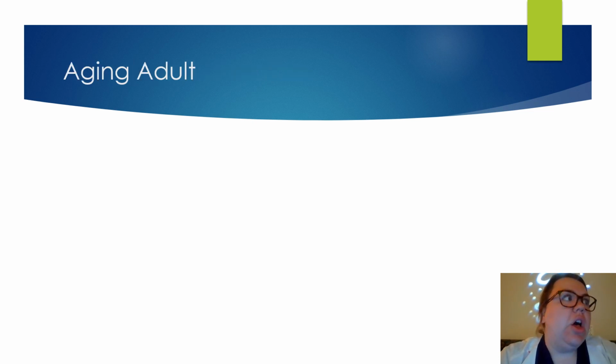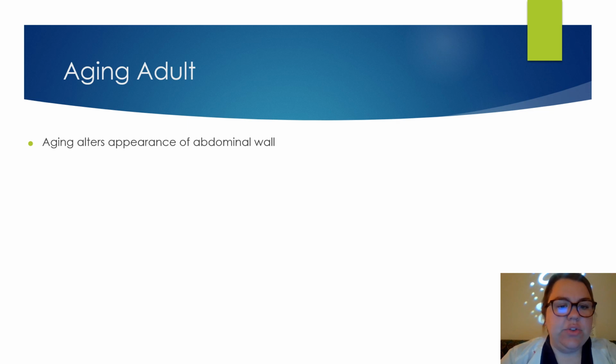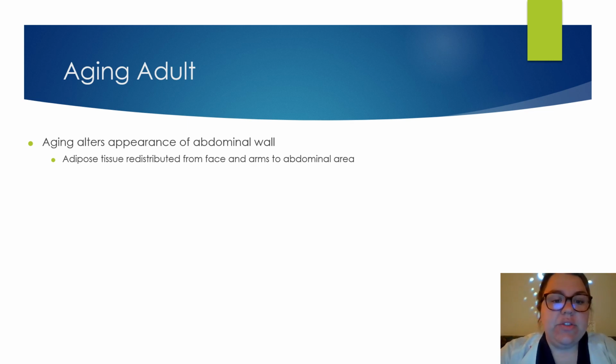So our primary client that we talk about this semester is aging adults. So what occurs to them? Their abdominal wall appearance starts altering. The adipose tissue from their arms or face is now going to be redistributed to their abdominal area. So in class we were talking about, like, what about those beer bellies?